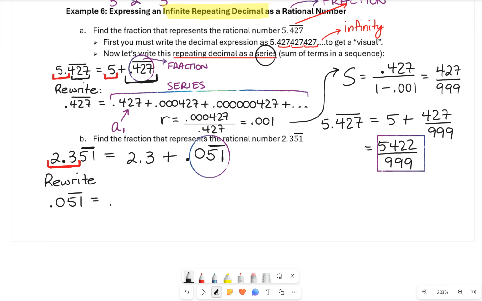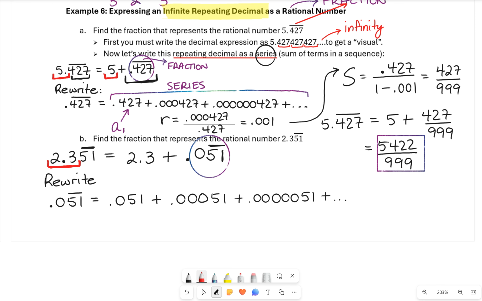Well, it would be 0.051 plus, what would be next? Well, I need 0.000 to cover the first three, and then another 51 comes right after it. Then I'll do it again. Then I'd have to cover the first 5 digits, 1, 2, 3, 4, 5, and then attach another 51. And I can do that forever, right?